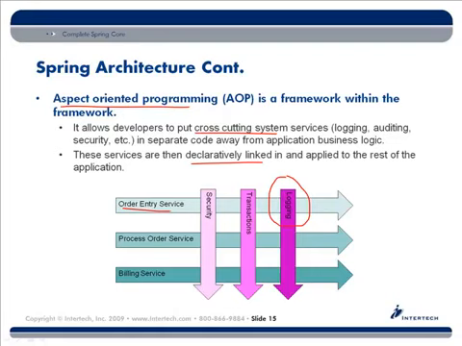In other words, without having logging actually written into our order entry services or our business order services or billing services. So we're taking care of these cross-cutting concerns without actually having the code in the actual business logic. So it isolates that which is system-y stuff from that which is business stuff.